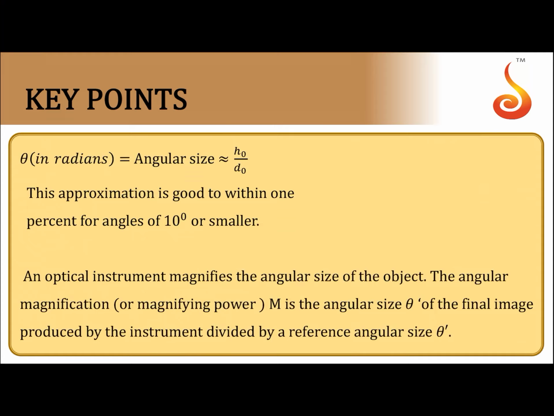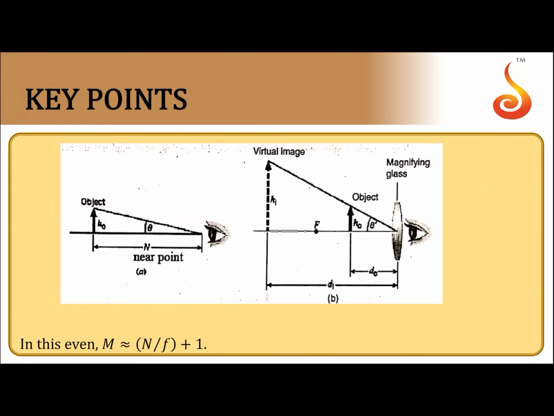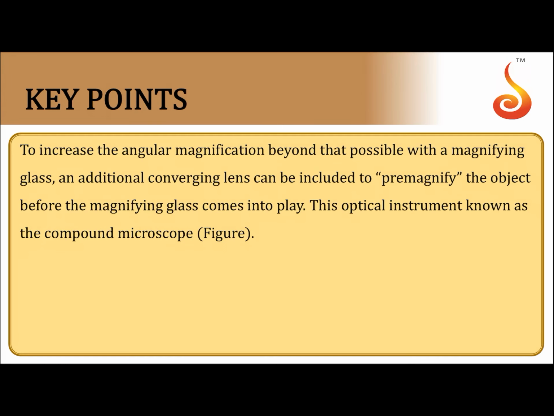An optical instrument magnifies the angular size of the object, that is, increases that visual angle, and this angular magnification is the angular size theta dash of the final image produced by the instrument divided by the angular size theta seen by the normal eye. And this is a magnifying glass. Its magnification is given by this.